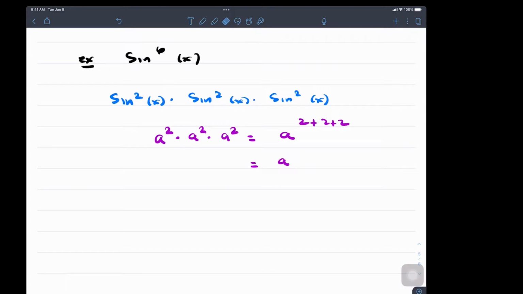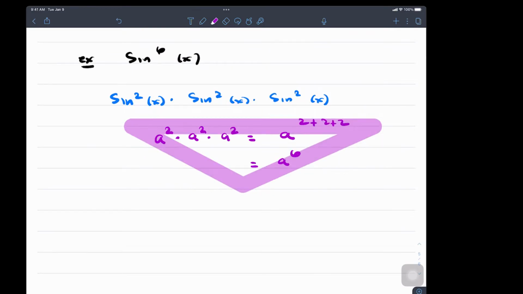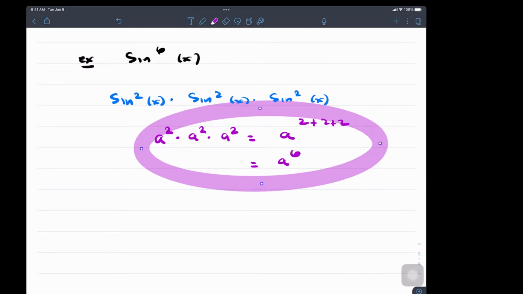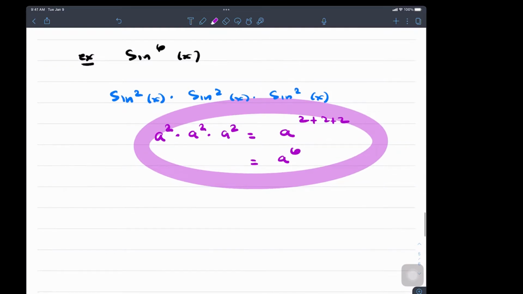What am I doing? 6. It's good to know arithmetic. 2 plus 2 plus 2 is 6. I apologize there. So I'm giving you guys here now what this is. Let's color this purple. All right, you guys okay with that?